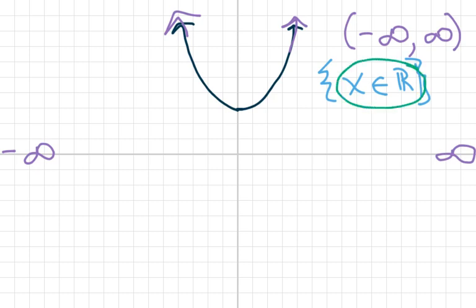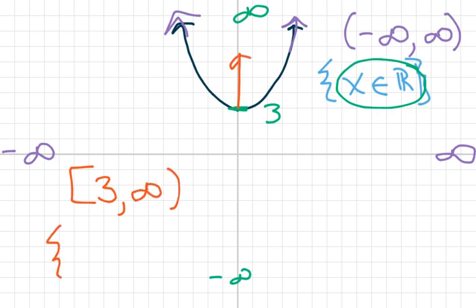For the range, since we're going from -infinity to infinity, but here we're starting at 3. So basically we're saying we're starting at 3, it can equal 3. So use the bracket, a closed interval, and then it goes on up to infinity.